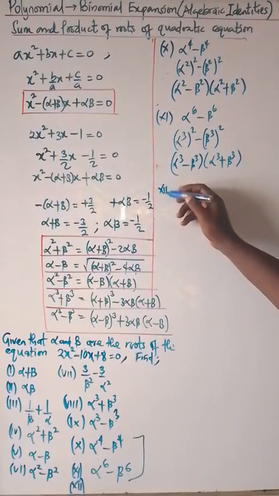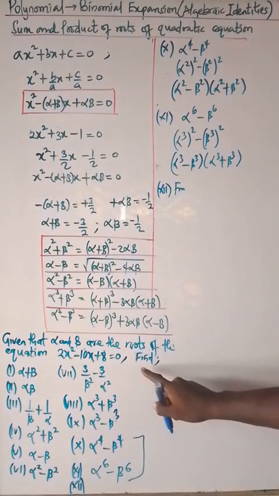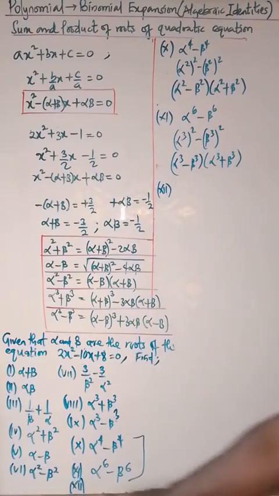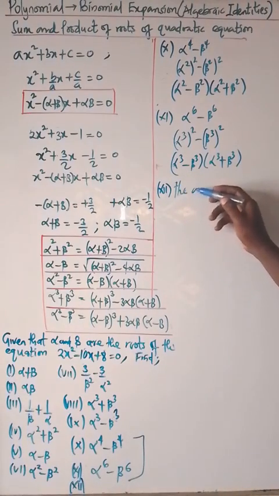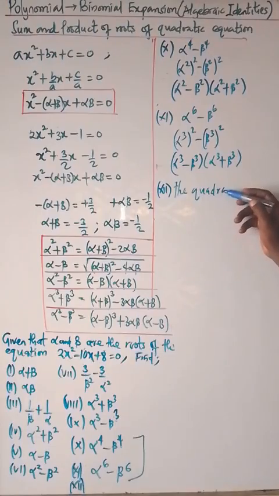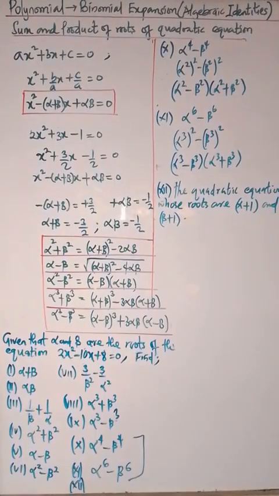Then xii, we are told, find, okay, let's go, I want to write this question here. Find the quadratic equation whose roots are alpha plus 1, beta plus 1.